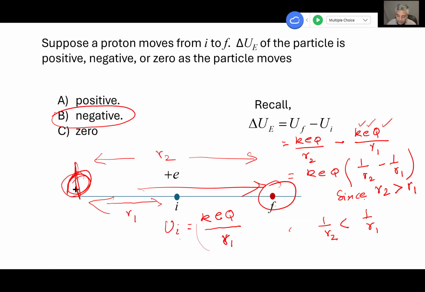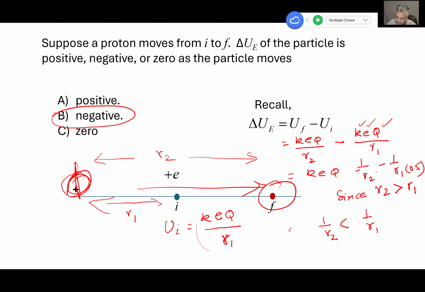So it flips, right? For example, let's say R1 is 0.5.